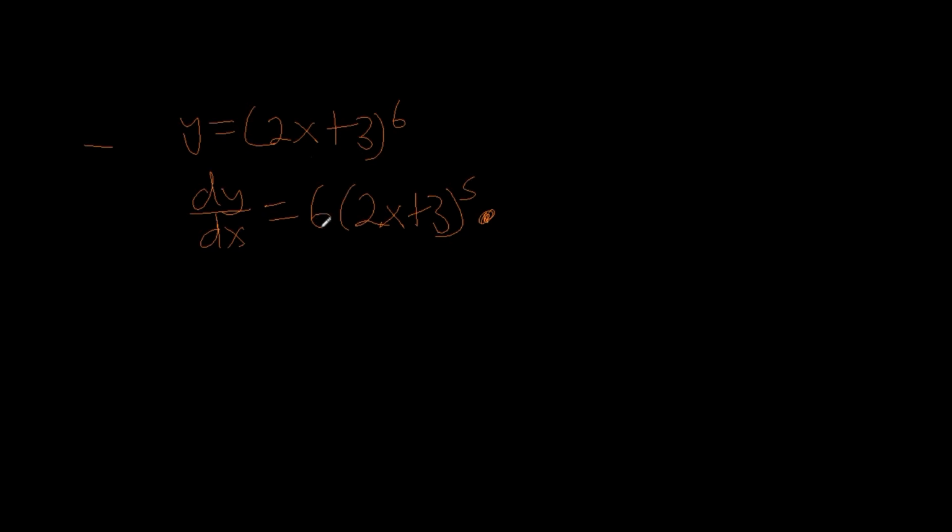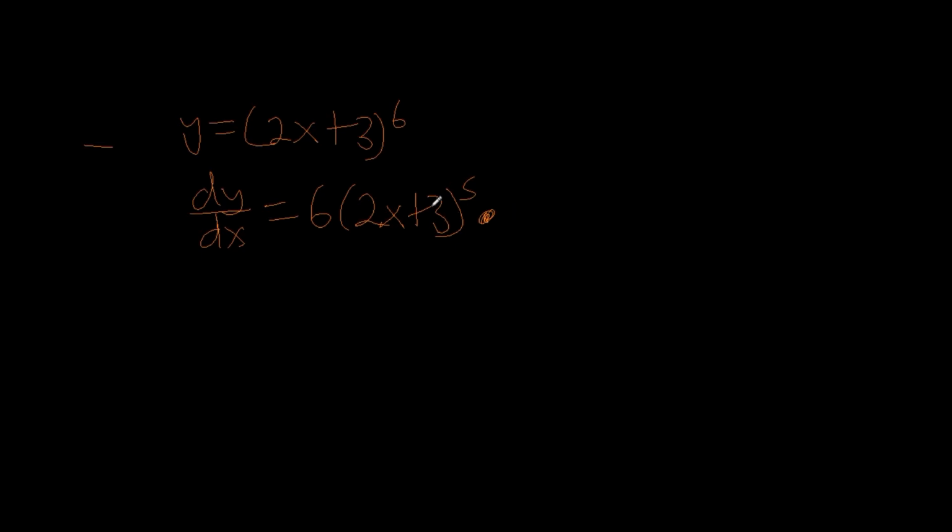So we drop down the power and it now becomes 6 times (2x + 3), and then we decrease the power by 1. 6 minus 1 is 5. But we don't end there. We are then going to multiply this by the derivative of whatever is inside. So when you look at 2x + 3, what is the derivative of 2x + 3? If you're quick enough, the derivative of 2x + 3 is just 2.